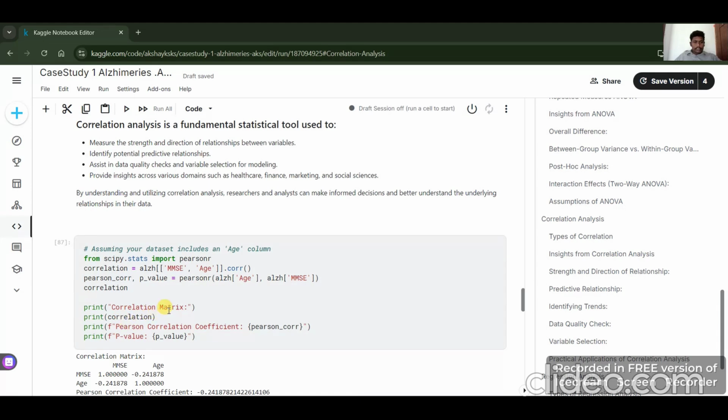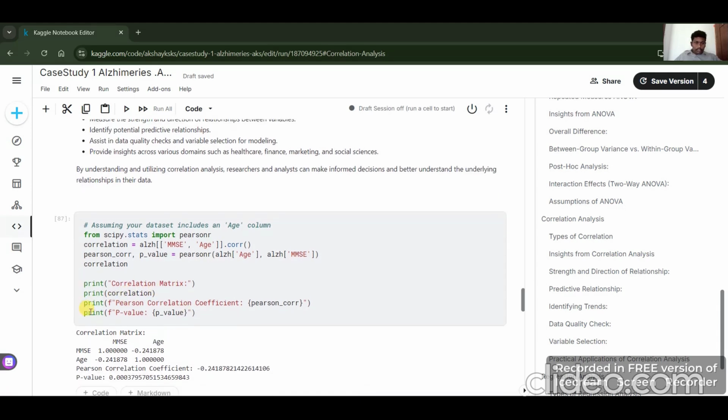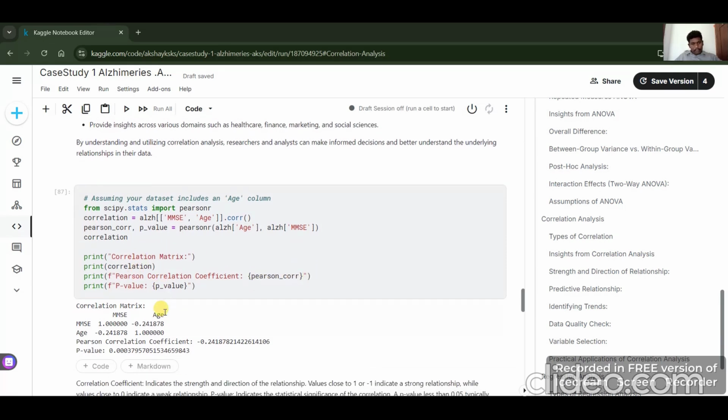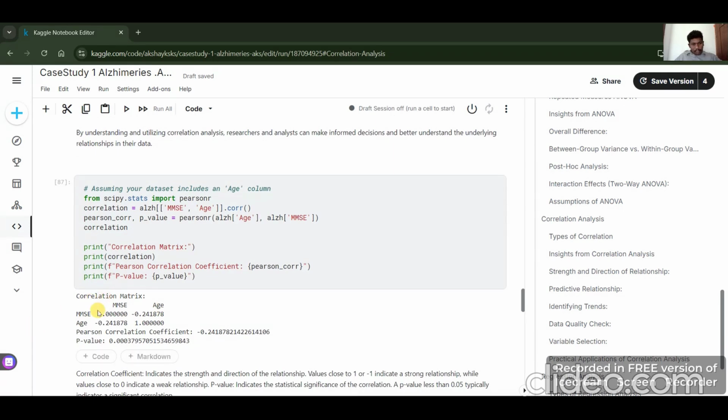You have checked the correlation, print the Pearson correlation coefficient, and you can find the p-value and the correlation matrix for MMSE and age.